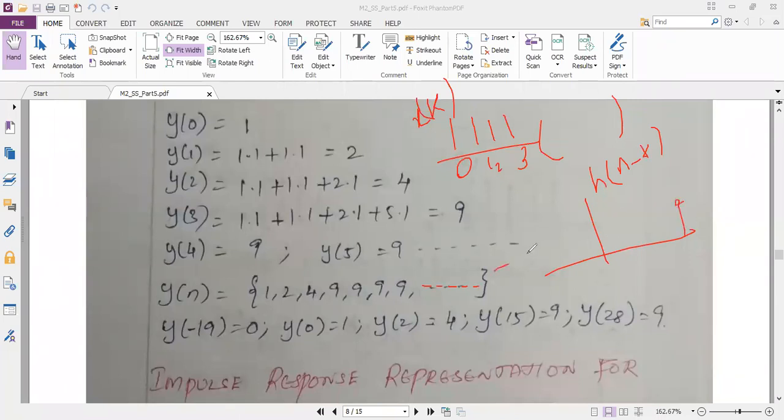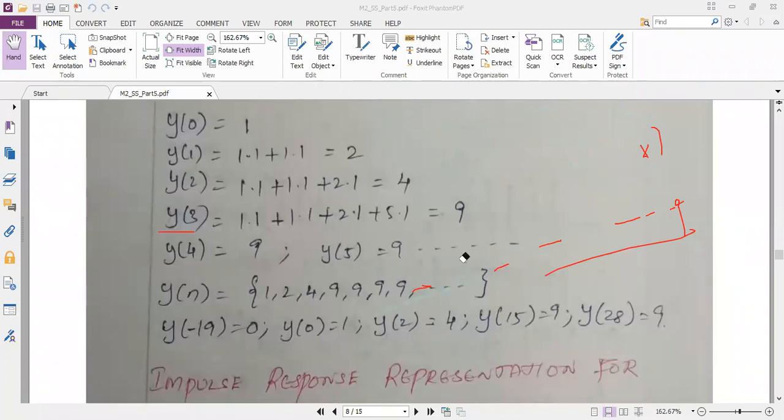This will keep shifting towards the right. Since x of k does not have that many amplitude levels for different values of n, after y of 3, all the values have the same amplitude. Okay, so I hope you are getting it.